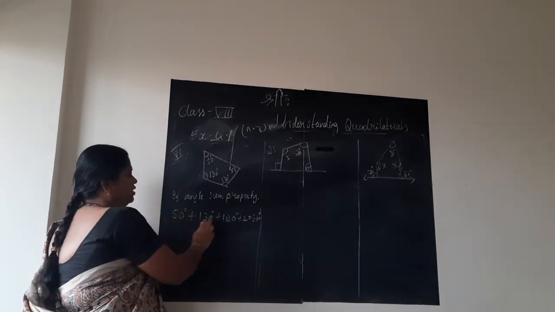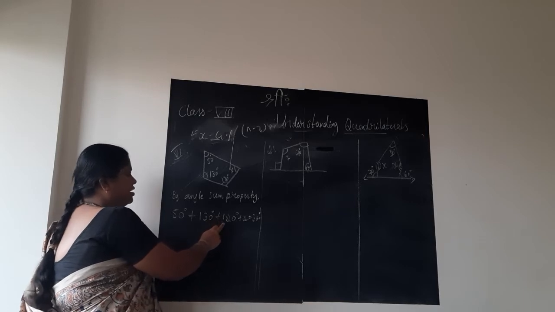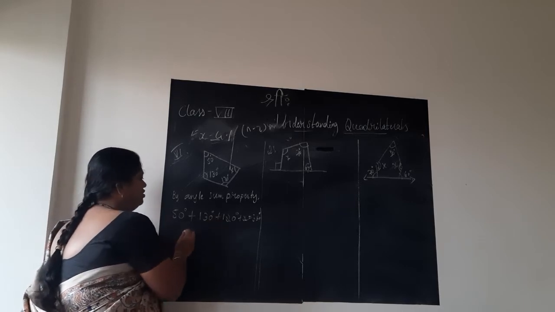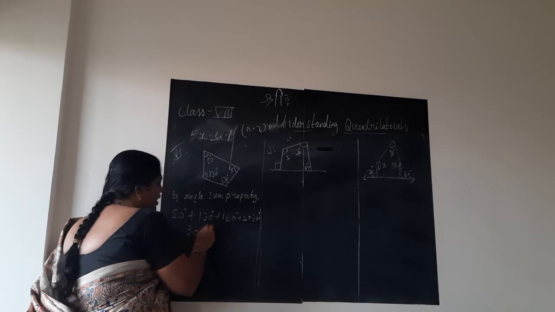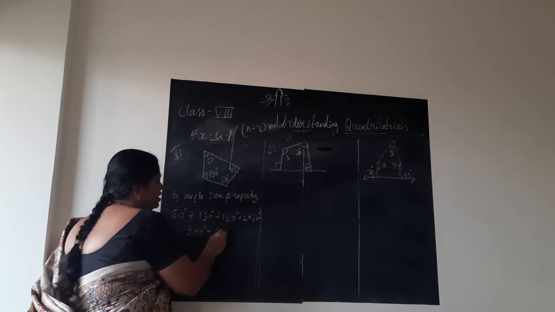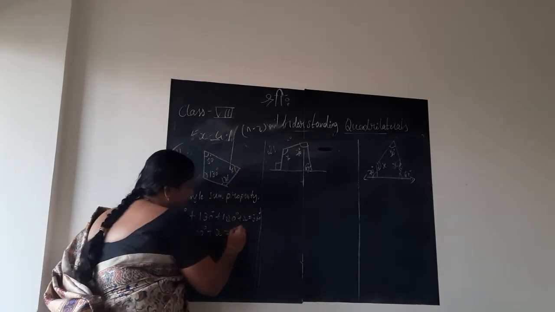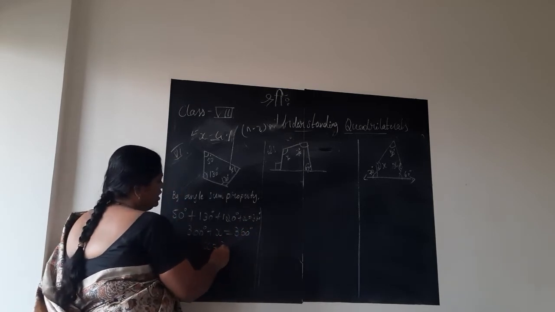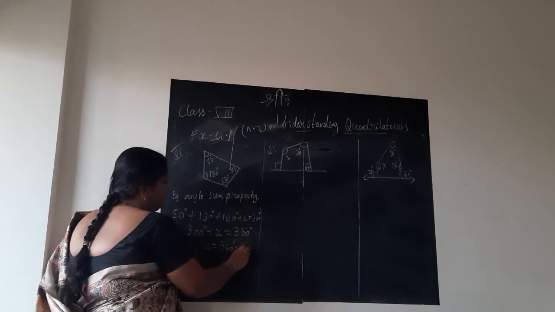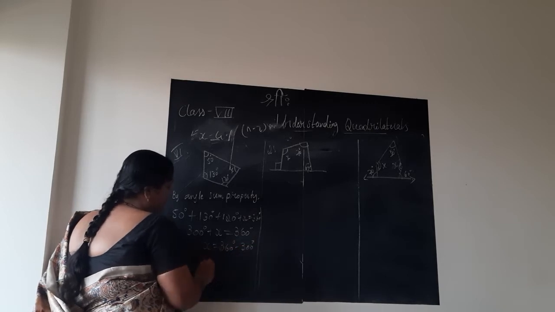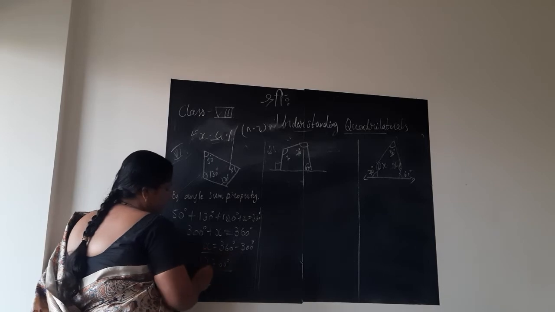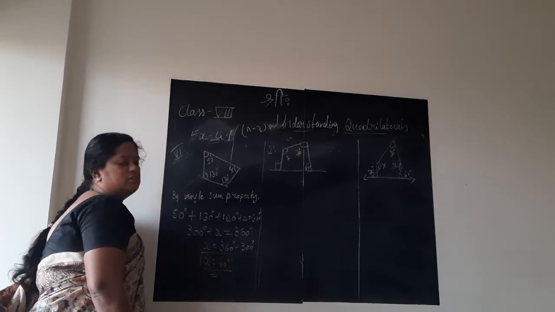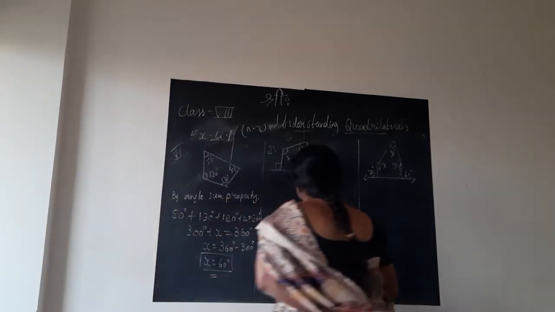How much is 100 plus 100? 200. 230, 250 plus 50, 300. So by adding all these numbers, we got 300. The unknown angle x we keep as it is, equal to 360 degree. So what is x? 360 degree minus 300 degree. X is 360 minus 300, clearly 60 degree. That's all, children. So we got x is equal to 60 degree.